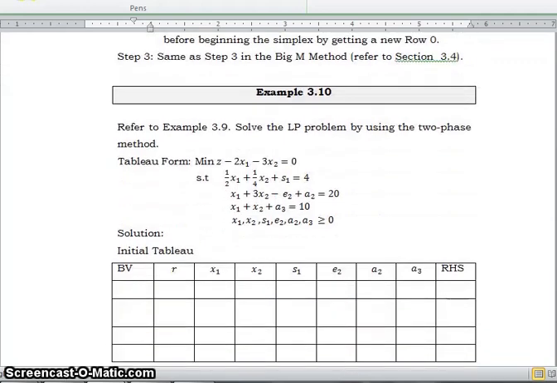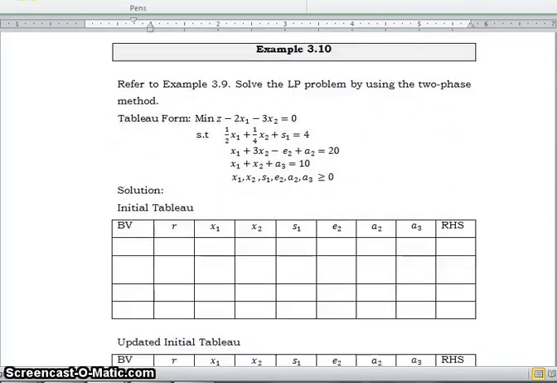Okay, let's discuss example 3.10. In this example, we use the same model as in example 3.9. In that example, we solved the problem by using the Big M method. If we want to solve the problem by using the two-phase method, we need to write the model in standard and tableau forms.